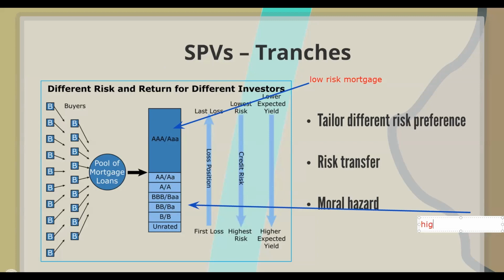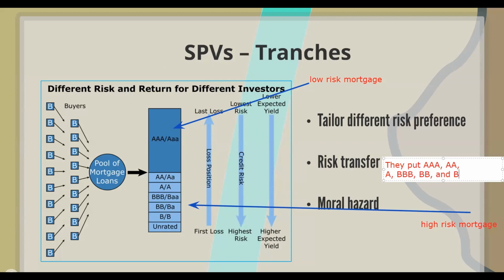So they put them all together. They put AAA, AA, A, triple B, double B, and B together into one bond.